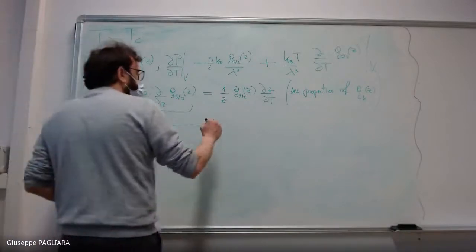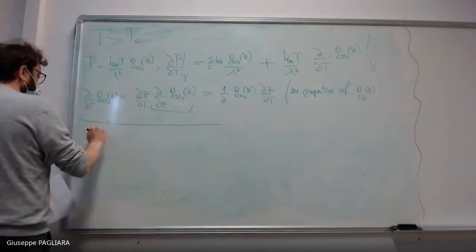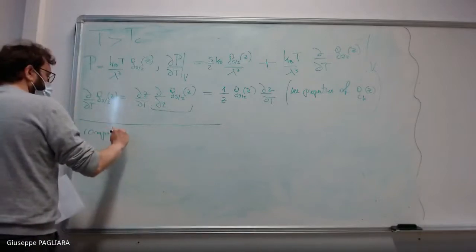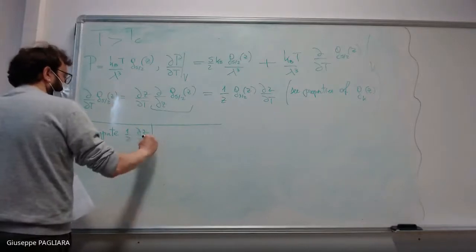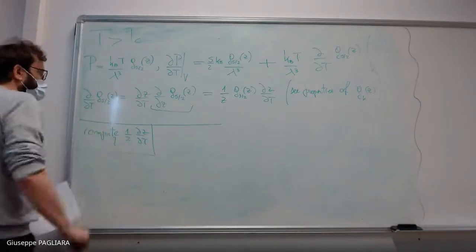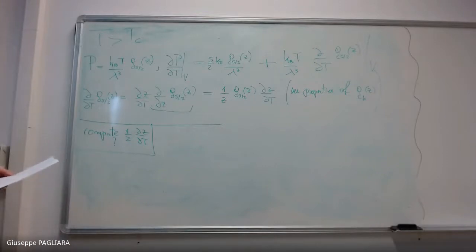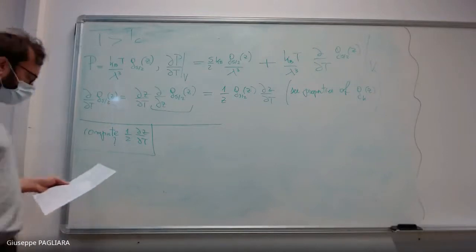So now the task is to compute 1 over z derivative of z with respect to T. How to compute it? There is a trick that we can use, which is the following.